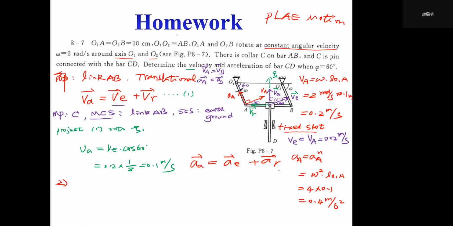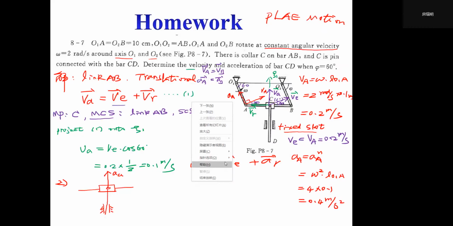So from this equation, we can select here. You know, I always use this method. So actually this is CD. Because of the guidance of this fixed slot, its absolute acceleration also will be along this direction. So this is AA. Maybe I should change another color.